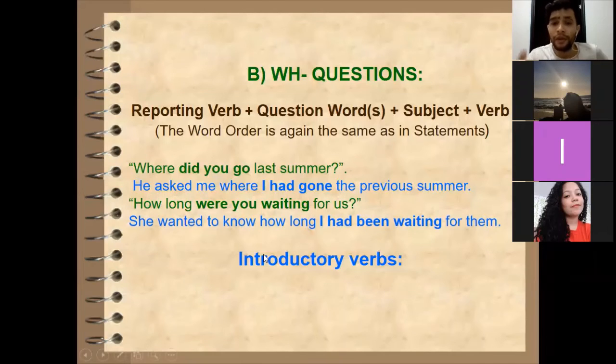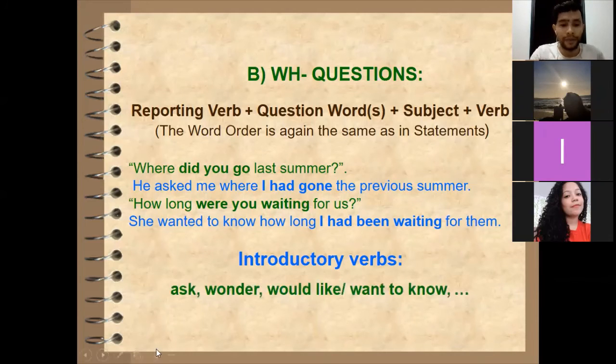Introductory verbs. For the reporting verbs of the statements, I showed you the list before. Now, the introductory verbs or the reporting verbs for the reporting questions are ask, wonder, would like to know, or want to know.